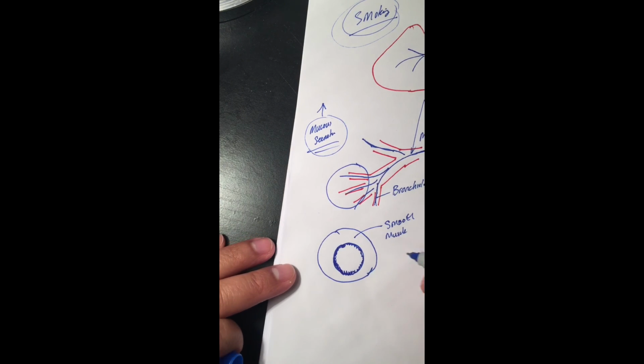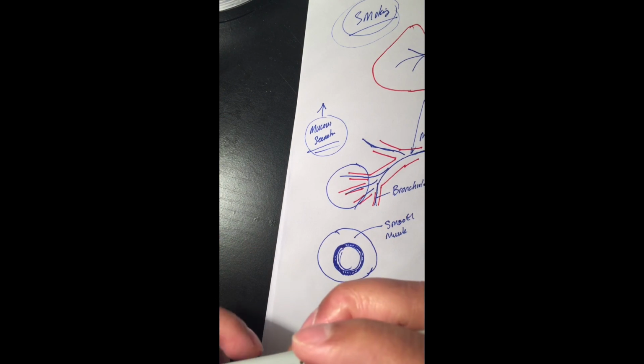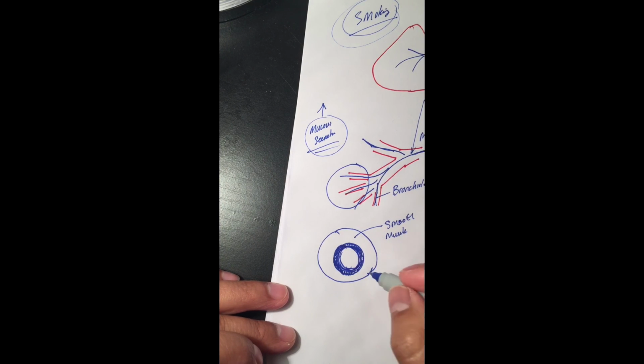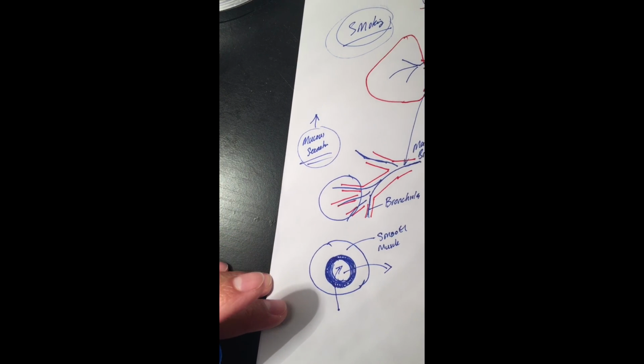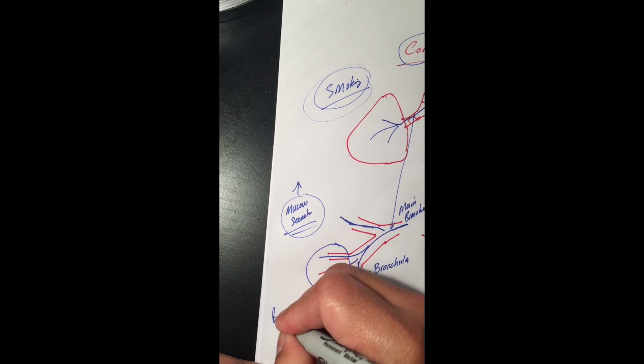Now, if the mucus production is severe enough, what happens? Well, the airspace gets smaller and smaller. If this gets smaller and smaller, well, what happens? You have decreased air coming in and decreased air going out. So that's one problem right there. So this really leads into what's called bronchitis.